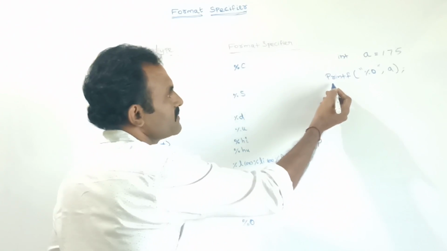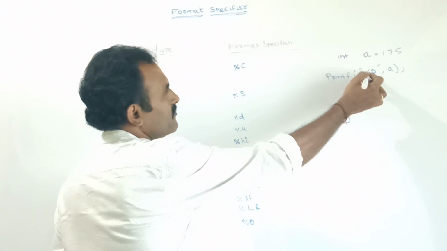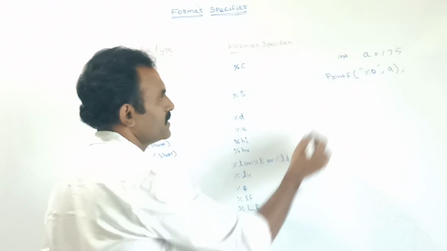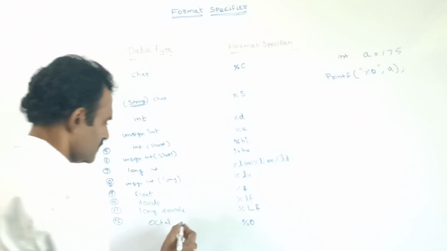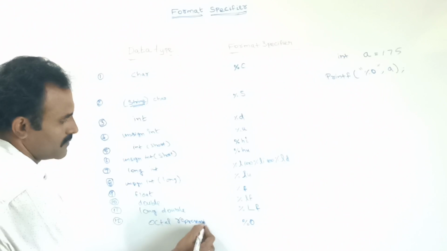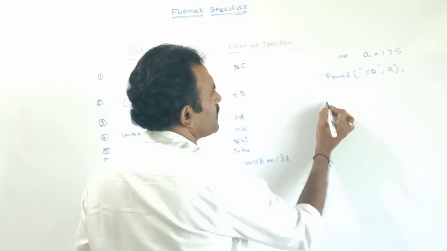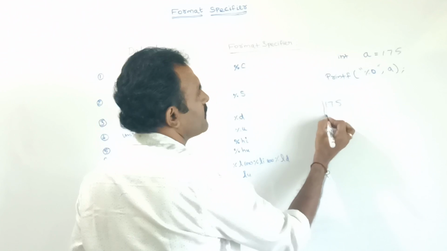In printf, I mention the format specifier %o, that is octal representation.